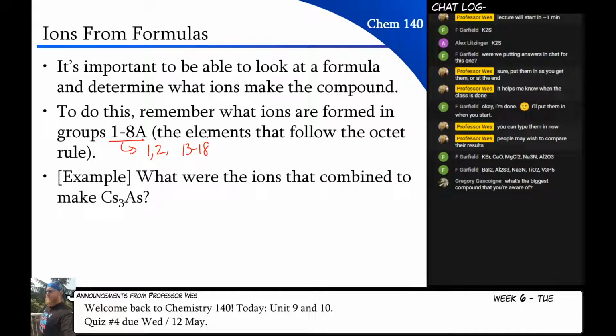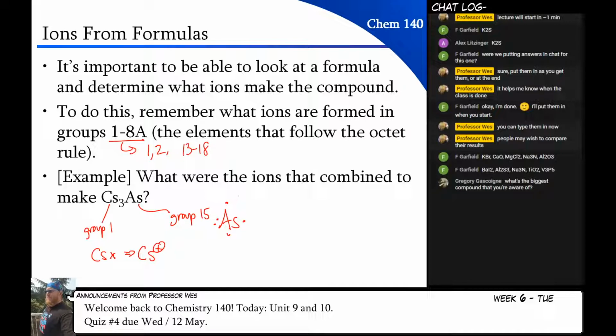So for instance, if I asked you this weird compound here with cesium and arsenic, that sounds awful. Well, cesium is in group 1. So it's going to look like this, and you can get rid of its electron to make it look like this. Likewise, arsenic is in group 15, so it's going to look like this. 1, 2, 3, 4, 5 electrons.